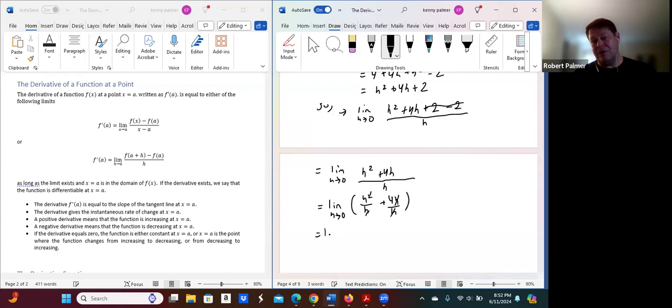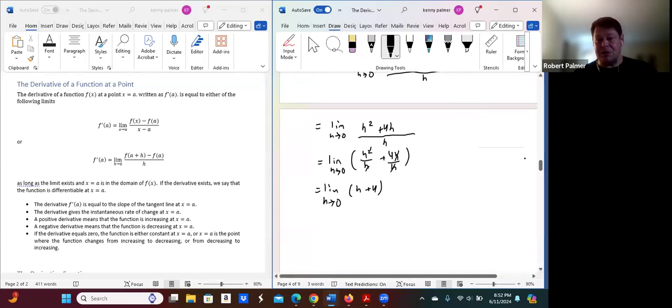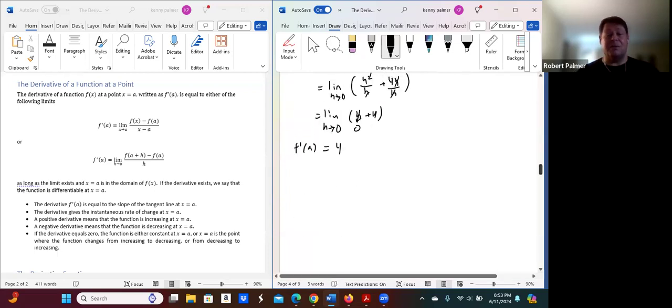So I'm left with the limit as h goes to 0 of h plus 4. Of course, now, as h goes to 0, this just becomes 0. And now this just becomes 4. And once again, exactly the same result as I should. So just a different way of doing it, and we get the same thing.